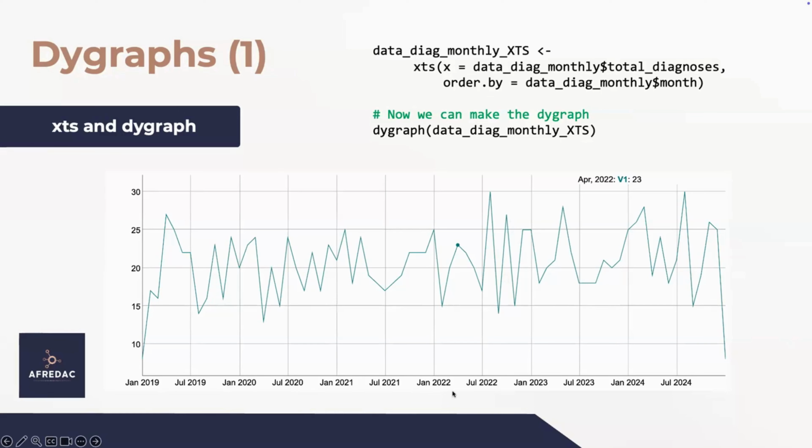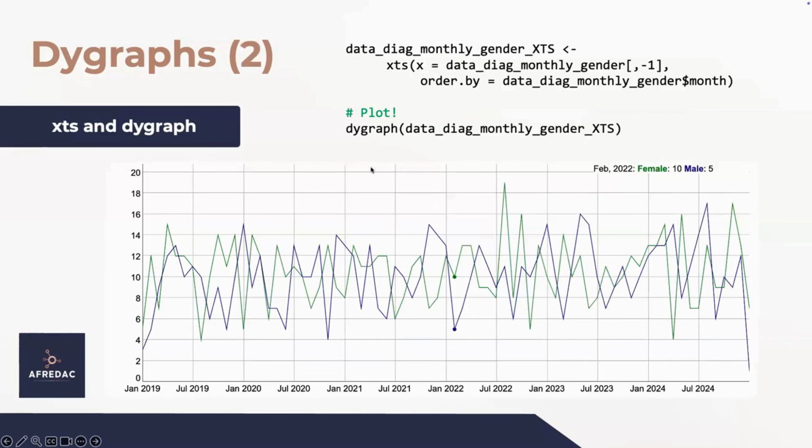On the x axis, you have the date, but over here, you're specifying what should be counted over time. So here we're counting total diagnoses over time. And then the thing that you're ordering by is the date variable, so you order it by month. And then it's as simple as using the dygraph function to plot. Again, it's hard to tell here because it's a screenshot, but these dygraphs are also meant to be interactive. When I hover over different points, it'll show the exact value at that point. We'll see it in an additional example today.